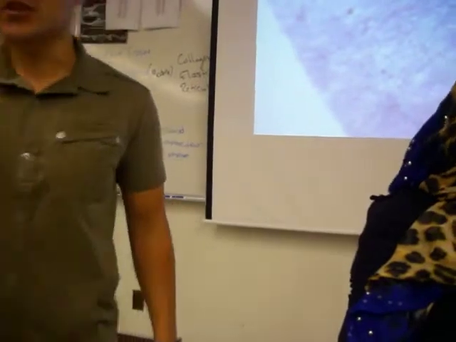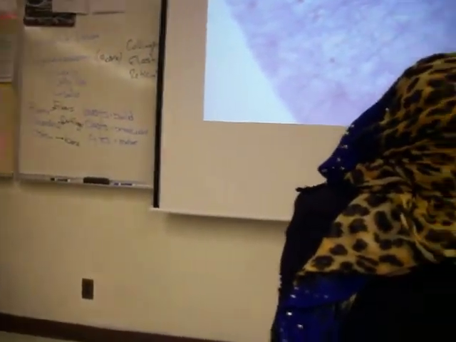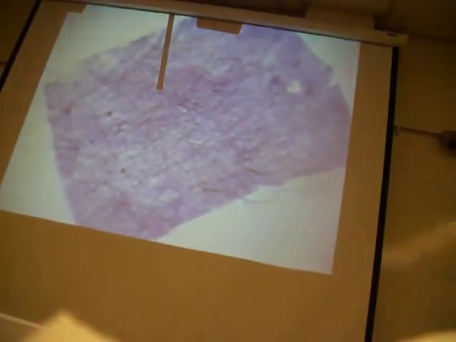So the first type that we're going to take a look at is loose connective tissue. One of the first loose connective tissues that you're going to look at is areolar connective tissue. Areolar is spelled A-R-E-O-L-A-R. Out of all of the connective tissues, this one does not have a really specific role.